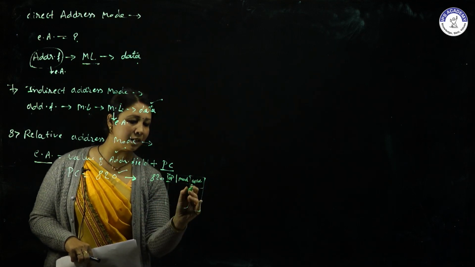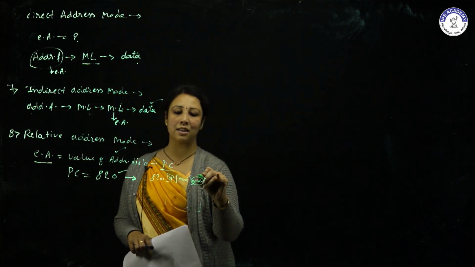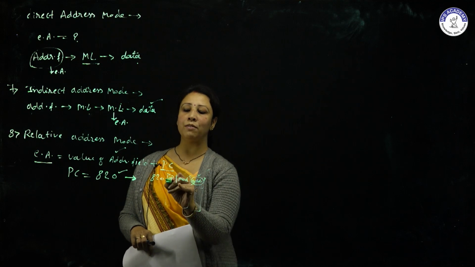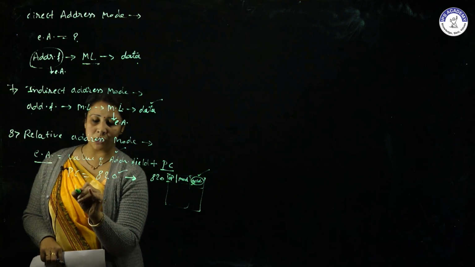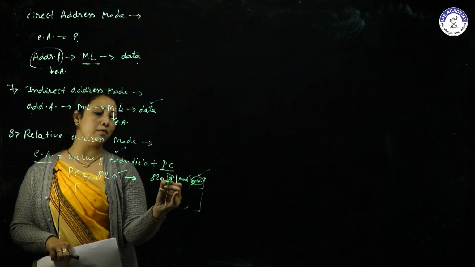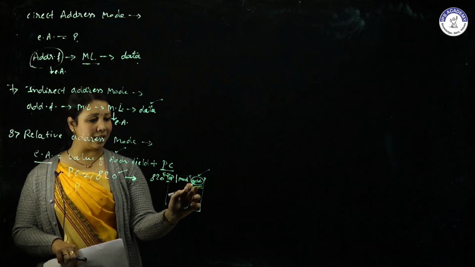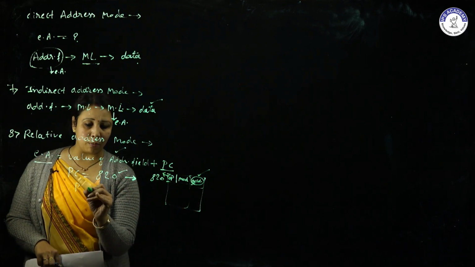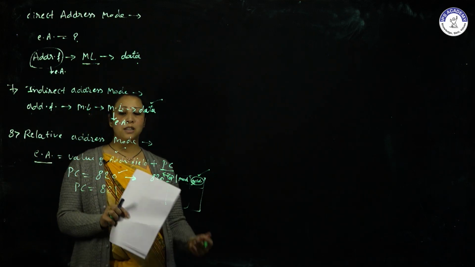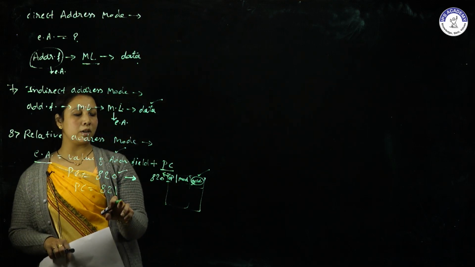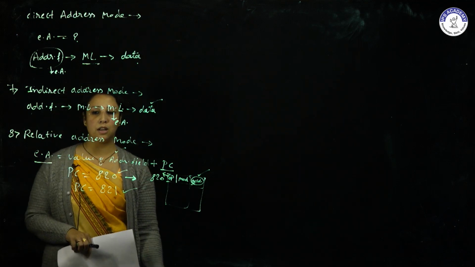Initially the program counter contains 820. When we fetch the instruction, it contains the operation code, mode and address. Now the program counter is incremented by 1. When we fetch an instruction from memory, the program counter is always incremented by 1. So now the program counter's value becomes 821.